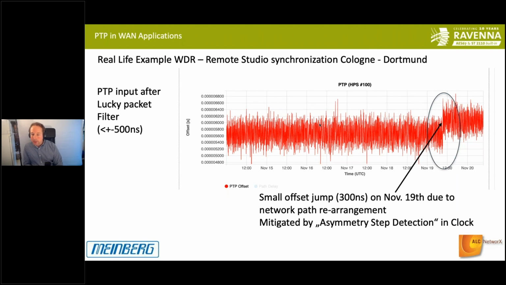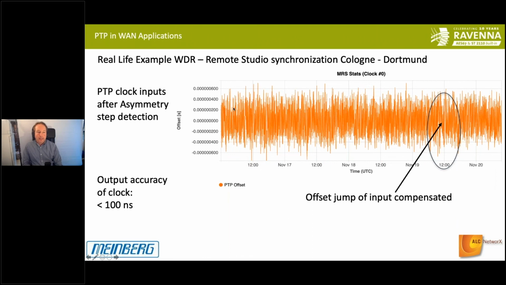On November 19th, due to a network path rearrangement, there was a small offset jump of around 300 nanoseconds detected by the input, and the clock afterwards detected that offset step and therefore decided not to follow this step and just subtract the step value from the incoming offsets, so that the clock was served with approximately the same offset variations as before.